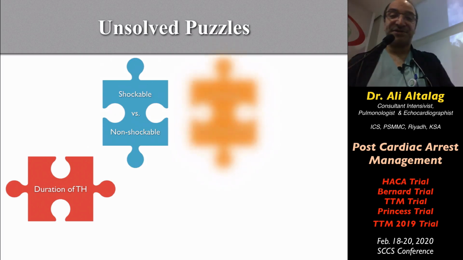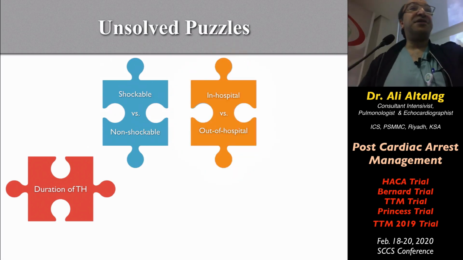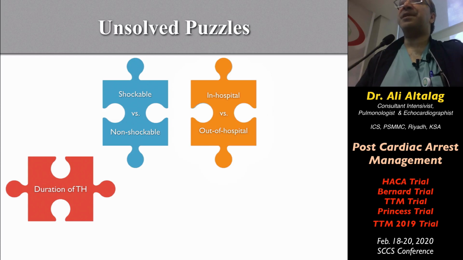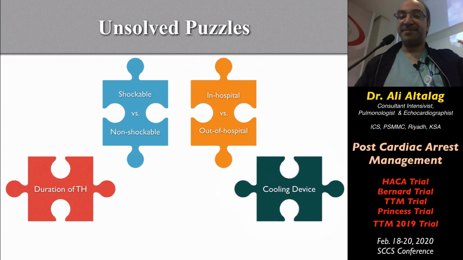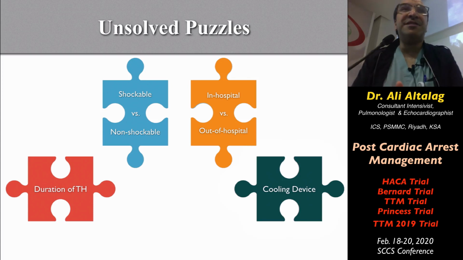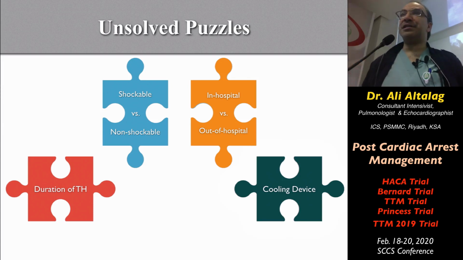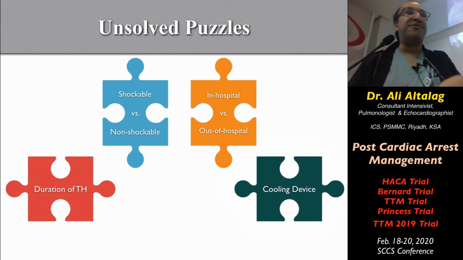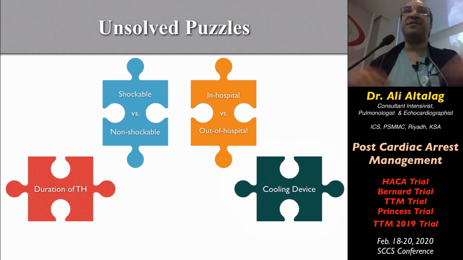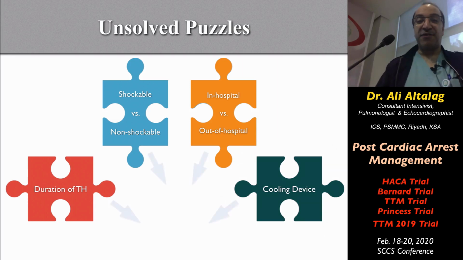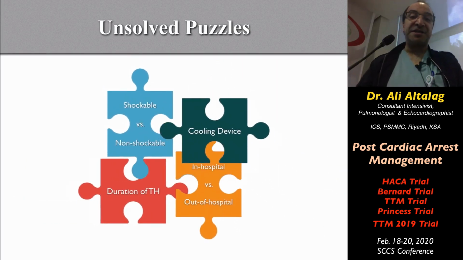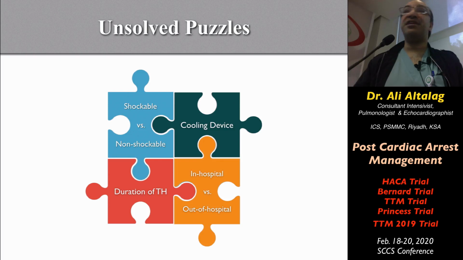Is there a difference? If the patient is admitted to the hospital and developed cardiac arrest, is it the same as out-of-hospital cardiac arrest? What about the cooling device, external cooling methods or endovascular or other forms of cooling devices? Does it make a difference? If you can solve this puzzle, then you will have really, really good outcome.